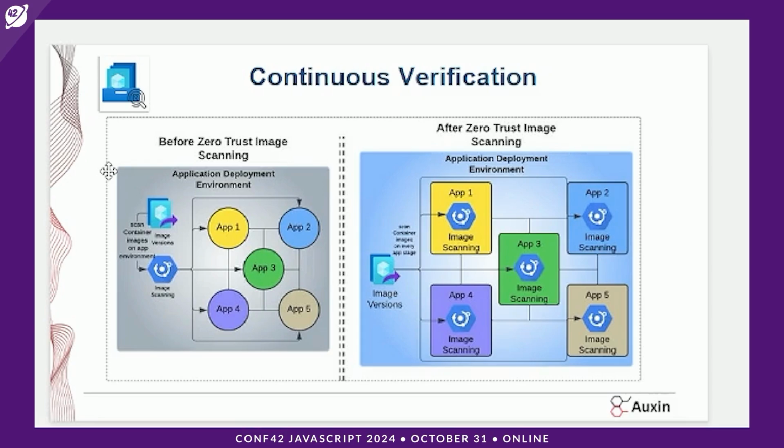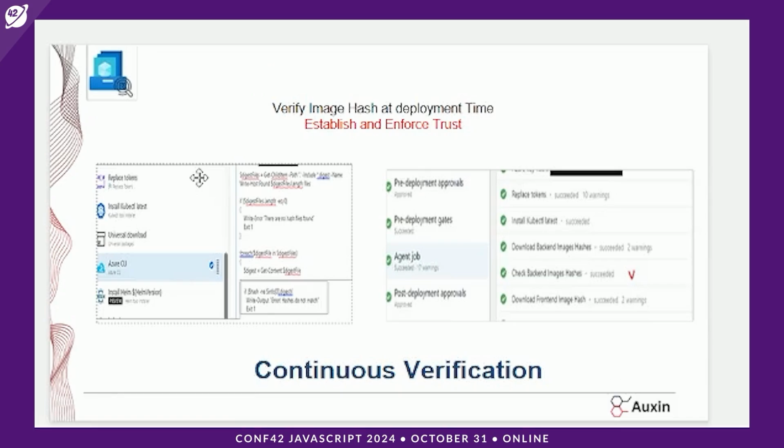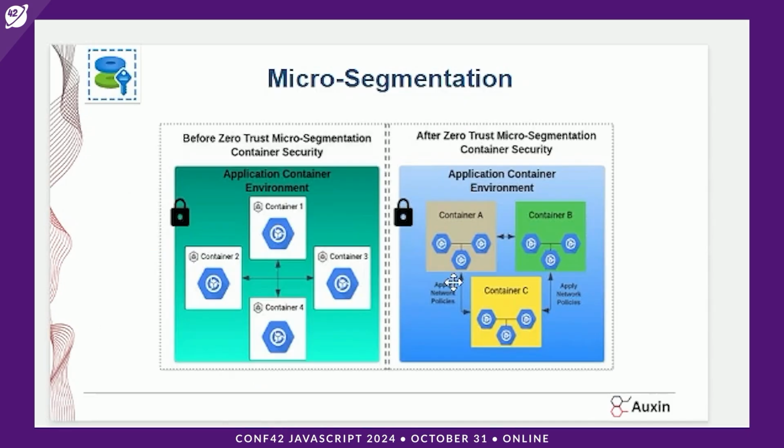This continuous verification process strengthens security by ensuring only trusted, secure images are deployed, reducing the risk of breaches in our microservices environment. Verifying the image at deployment time ensures that only trusted and verified images are used in our production environment. This process ensures that security is not just a one-time task, but a continuous and ongoing activity in your pipeline. The next example is microsegmentation.